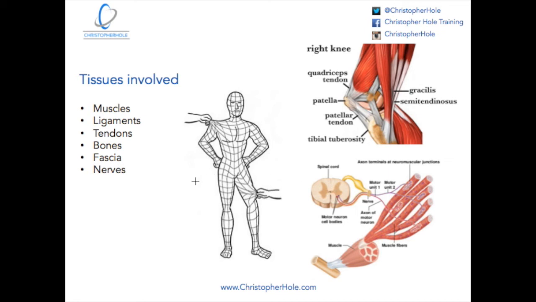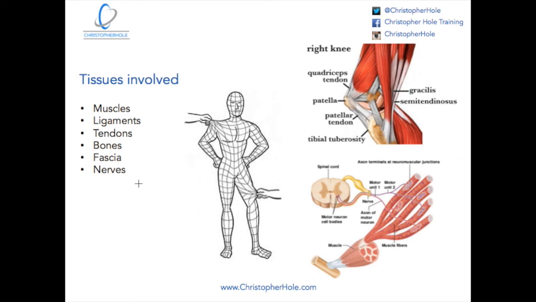So what we can see from these different types of tissues is we then understand better what type of therapist to go and see. So a part of it is ours as humans, but yours as the person listening to this that has a potential injury, is to go and get a few opinions as to what your injury is. Is it the muscle? Is it the ligaments? Is it the tendons?